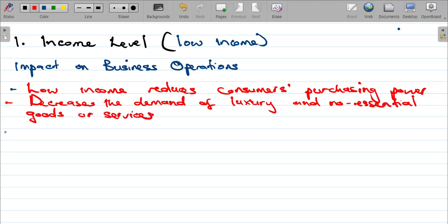So the business will experience lower sales because customers in the market are buying essential goods. So a business that is supplying luxury goods will experience lower sales and profits.